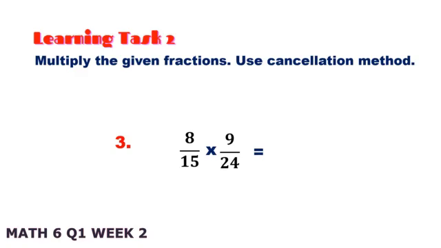Number 3. 18 over 15 times 9 over 24. You can cancel 8 and 24 using their common factor 8. 8 divided by 8 equals 1. 24 divided by 8 equals 3. You can cancel also 15 and 9. And the common factor is 3. 9 divided by 3 is 3.